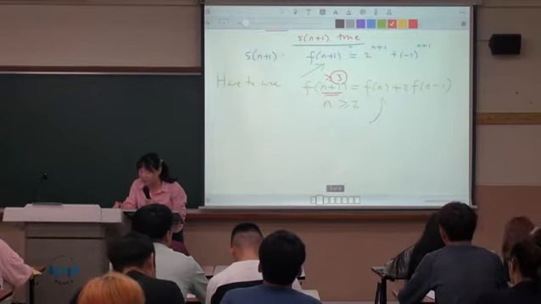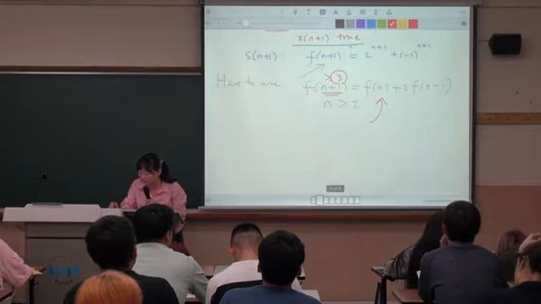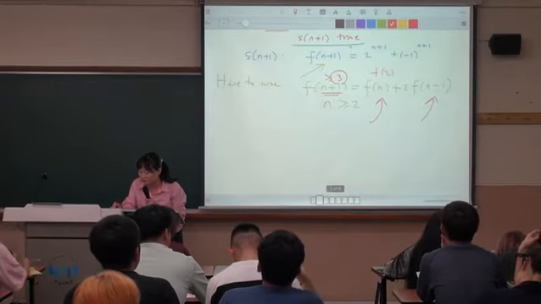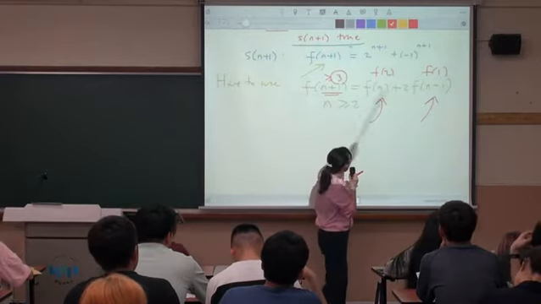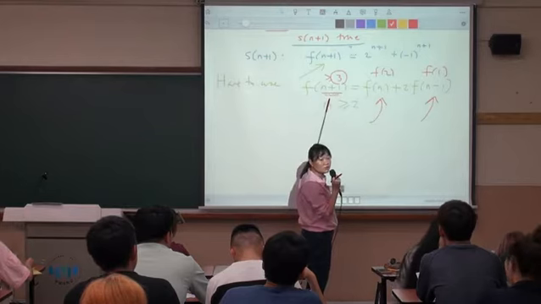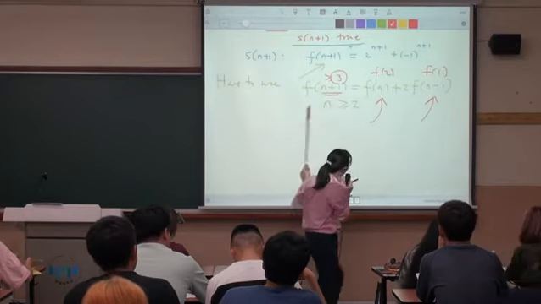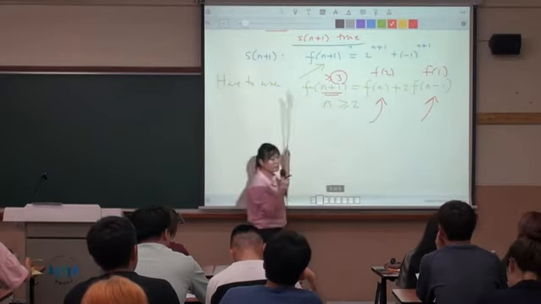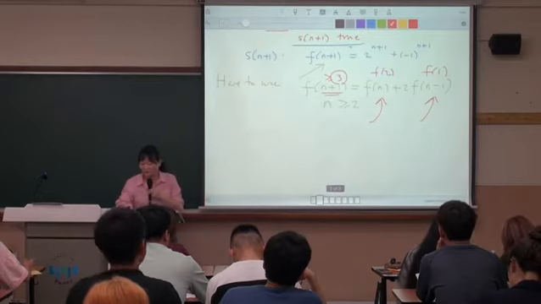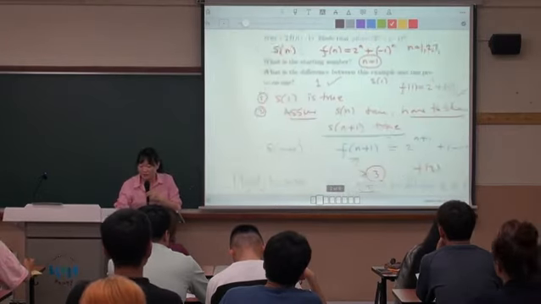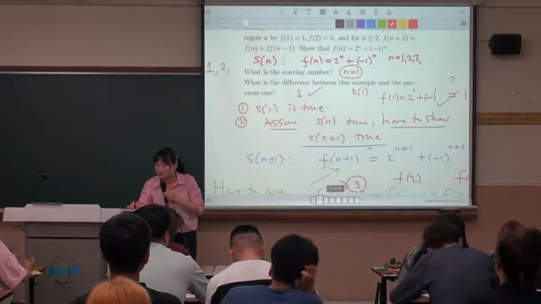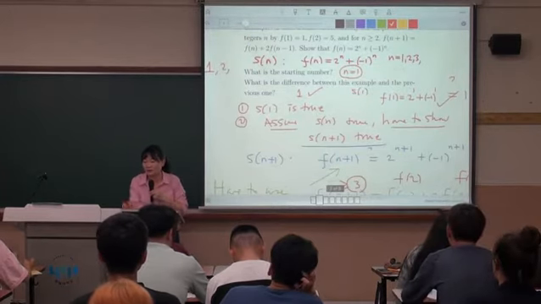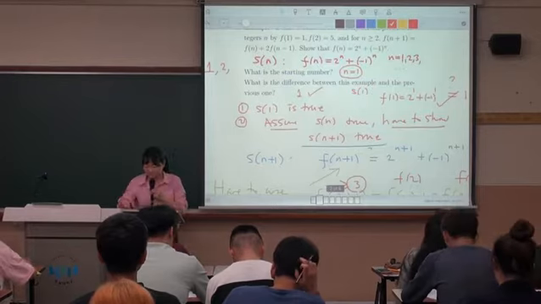Then I need conditions on f of 2 and f of 1. Because for f of 2 and f of 1 this formula does not apply, I have to check whether S2 is true in the beginning. So here having only 1 is not enough; we have to assume up to 2 as well.